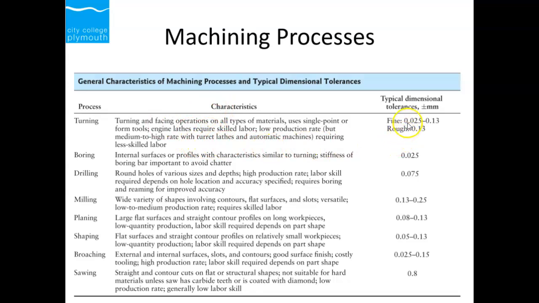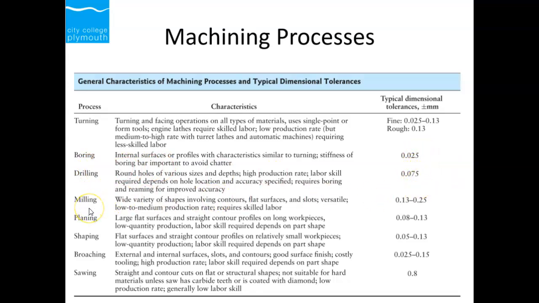The tolerance is 0.025 to 0.13 of a millimeter. Then we have the boring process, the tolerance is 0.025. Then we have a drilling process, the tolerance is 0.075.